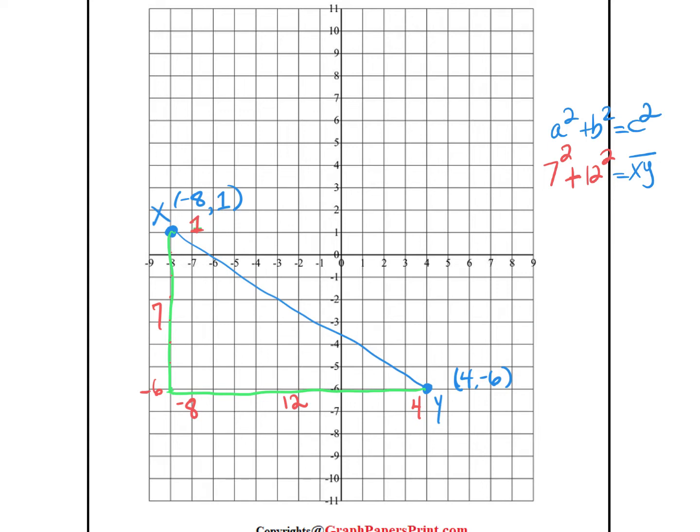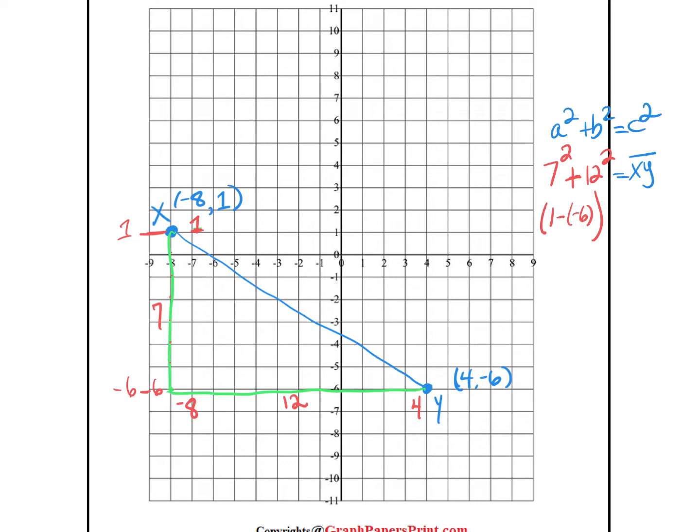But if you notice, the 7 squared comes from taking the difference between positive 1 and negative 6. So I could substitute that in. 1 minus a negative 6 gives me the length.